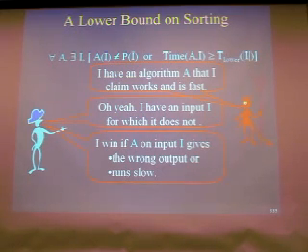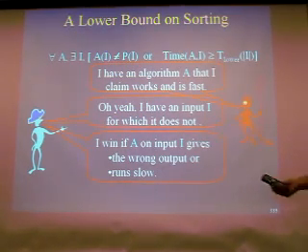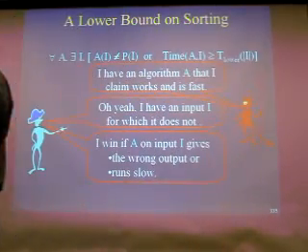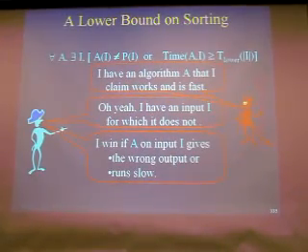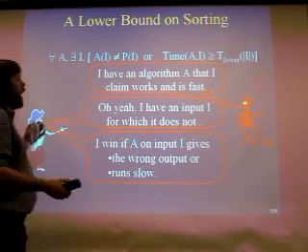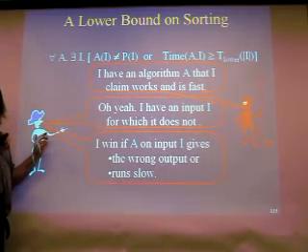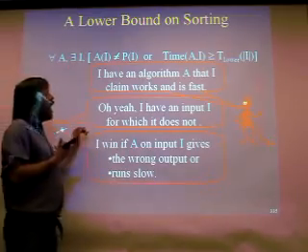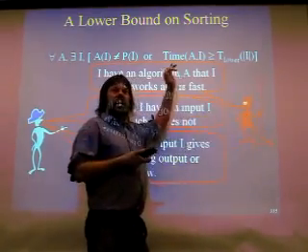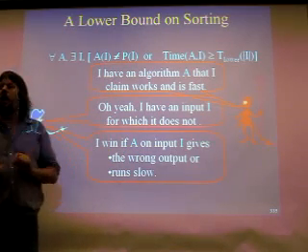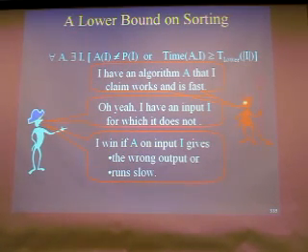All right? Our goal is to prove that no algorithm that just sort of does yes-no questions, comparison-based questions, bit questions, can sort faster than n log n time. Right? And how we're going to do that is, this is going to be me, and I'm going to run some algorithm. And what's this algorithm going to do? I'm going to get from an adversary his best possible algorithm A. Right?